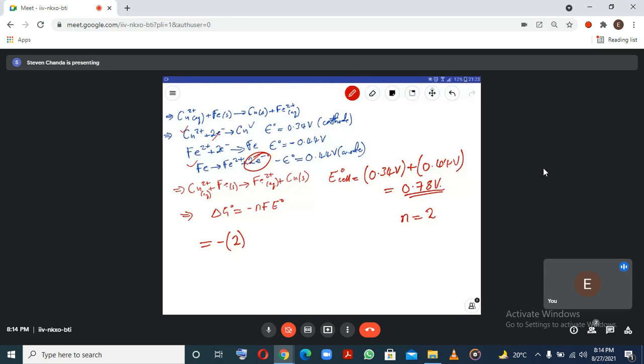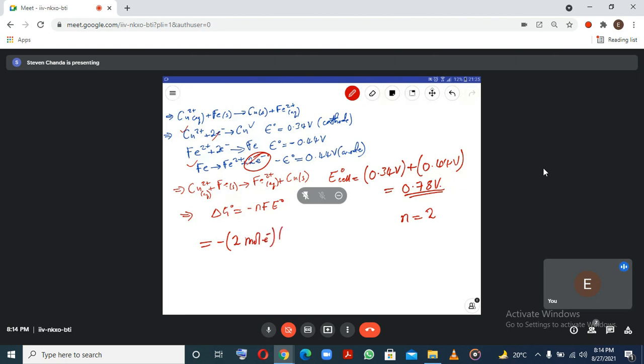What's Faraday's constant? Sorry, something has just entered my eye. So that's 2 moles of electrons.